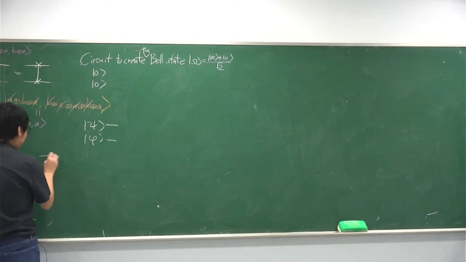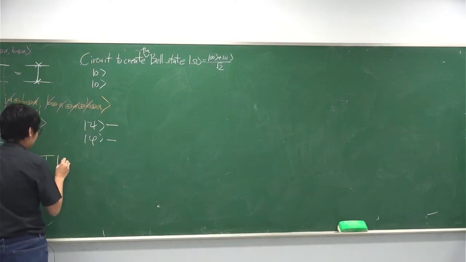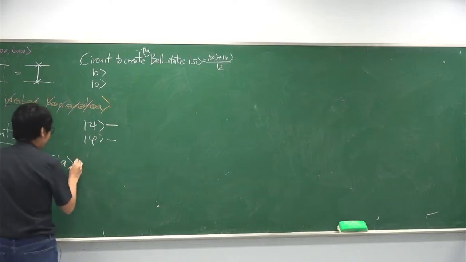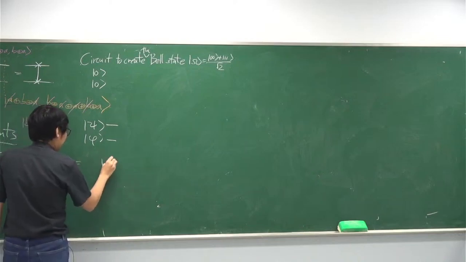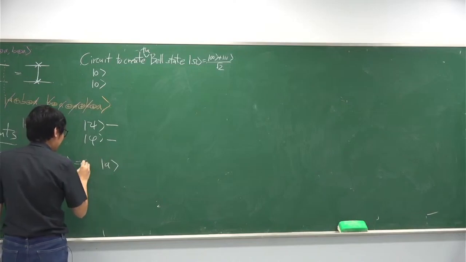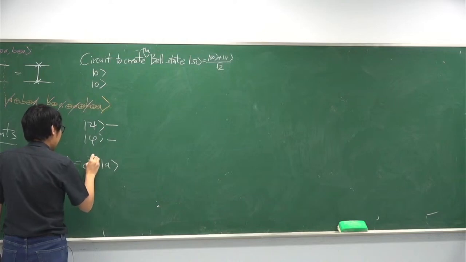But the T gate is just a single qubit gate, right? The way we write it down is a pi over 8 gate, so it's e to the pi.